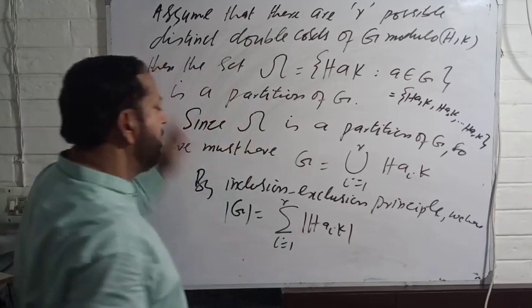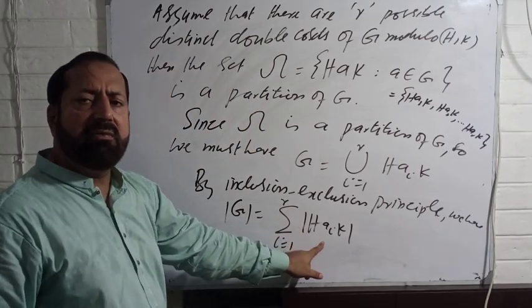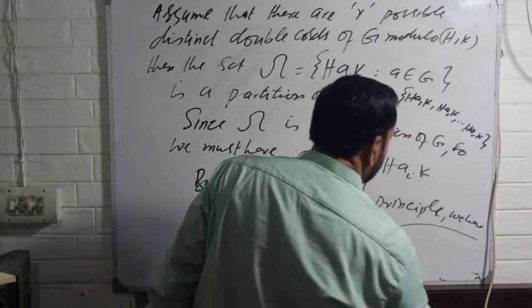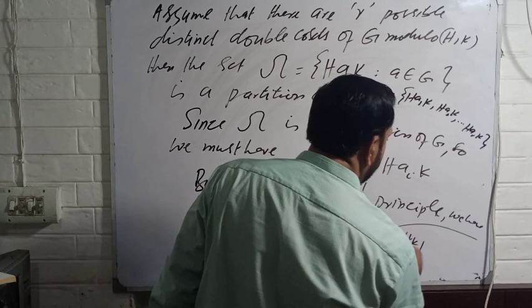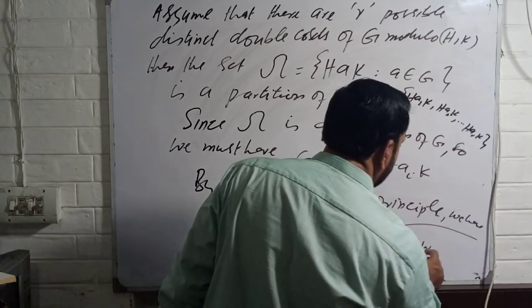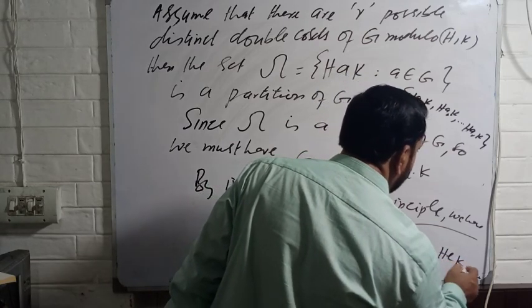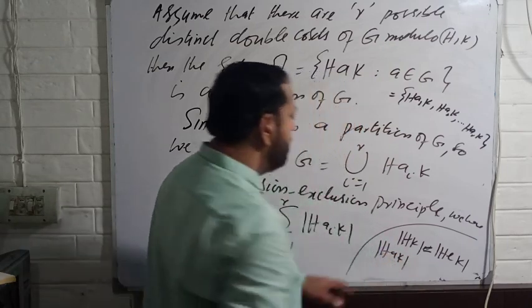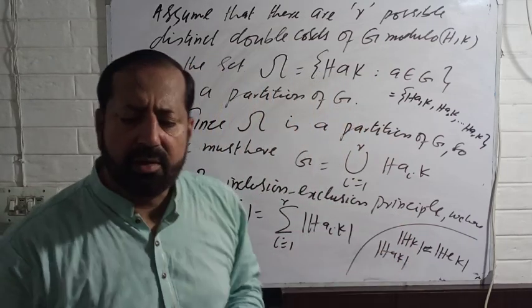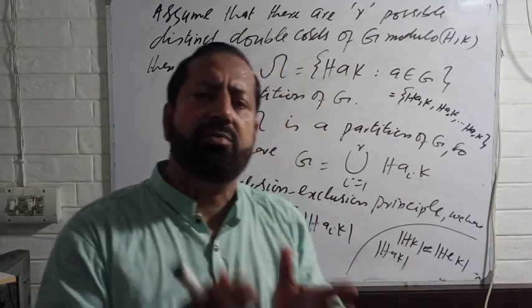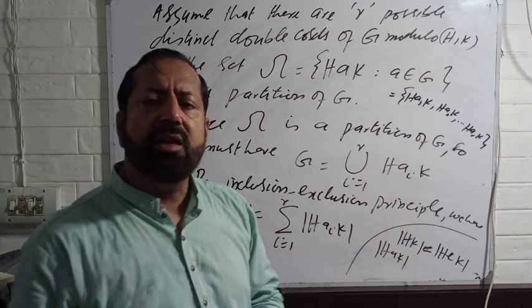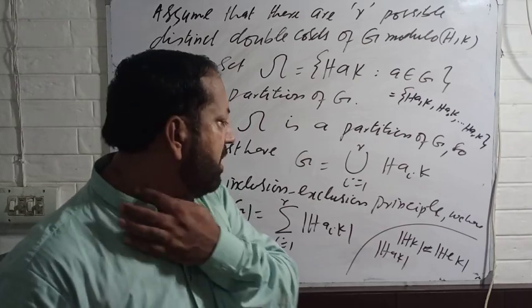And last time we have established its order, because you have established the order of HK. We have established order of HK is order of H into order of K over order of H intersection AKA inverse, right?